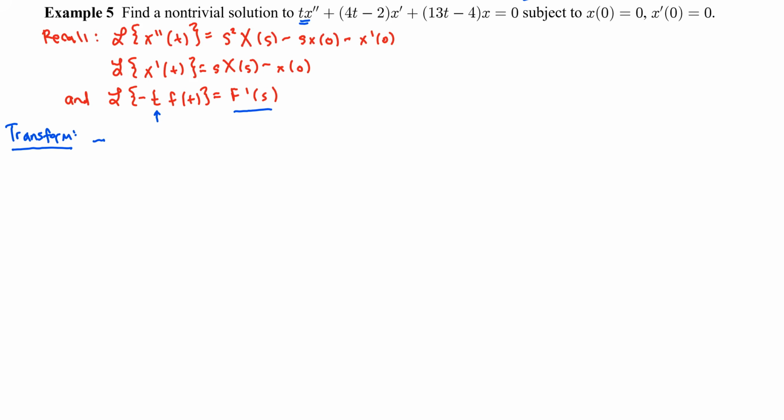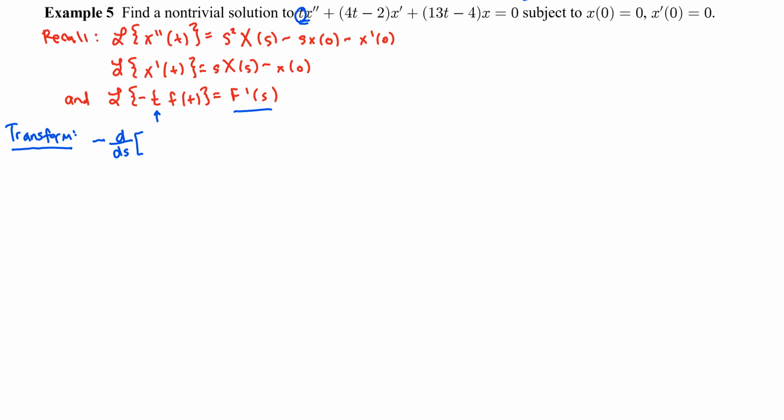Okay, again, if I have t to the power of 1, that means I'm going to find the first derivative with respect to s of the transform of the function. So this part is accounted for with negative right here and first derivative.